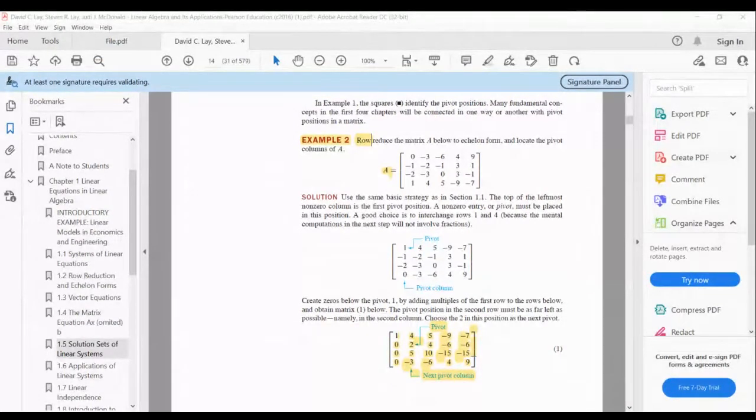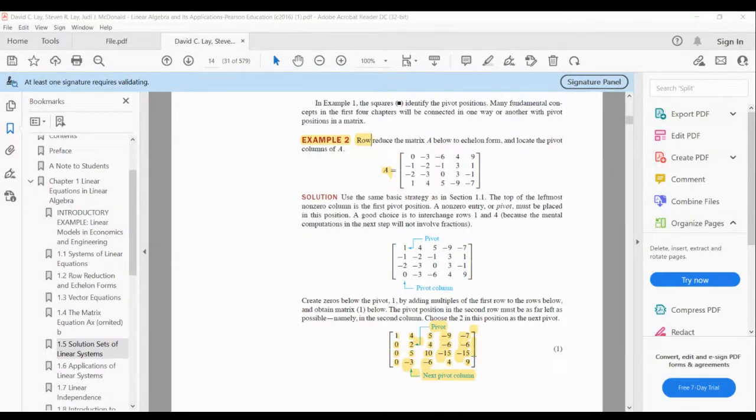If you add that row to the third row, which has -2, -3, 0, 3, and -1, and replace the third row with the sum, you'll get what you see in the highlighted matrix.